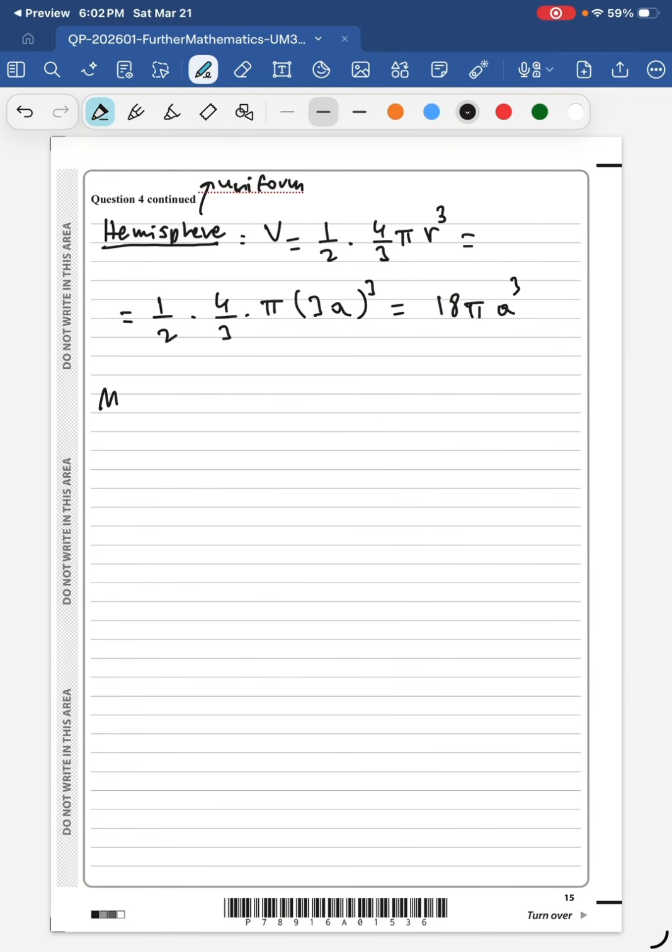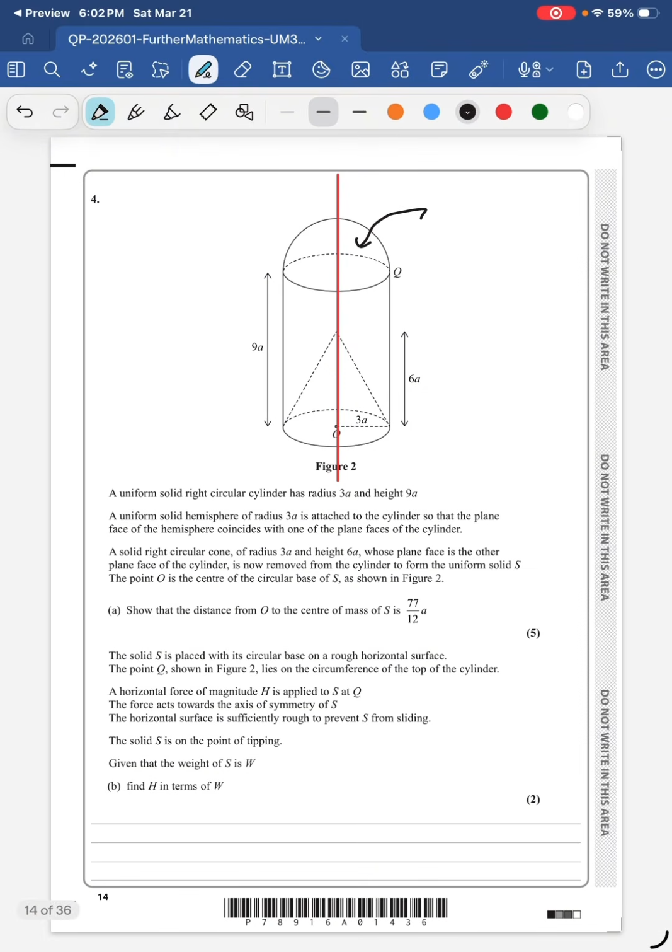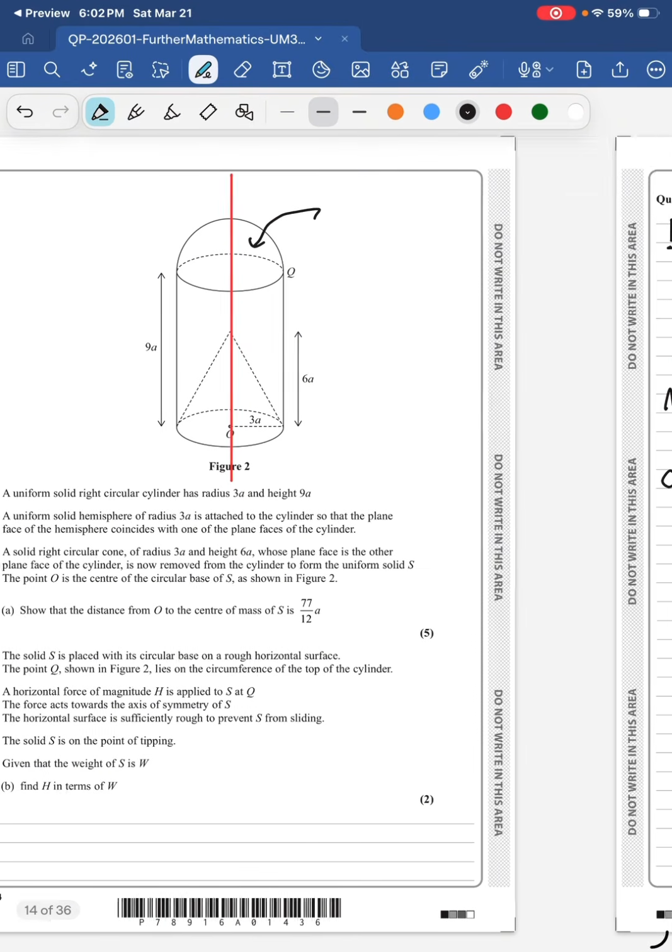So the mass is the density, which we assume is the same for the whole object, rho times v. So 18 pi rho a cubed. It's not really needed because it's going to cancel out, but let's put the density in. And then the center of mass is 9a, because it's on top of the cylinder, right?